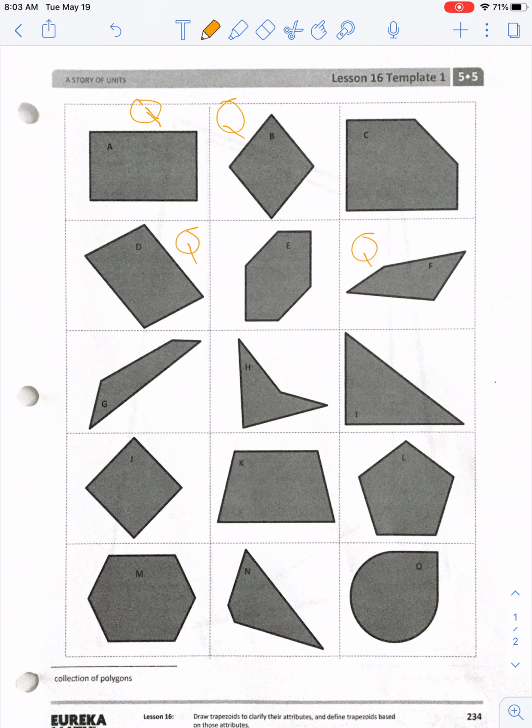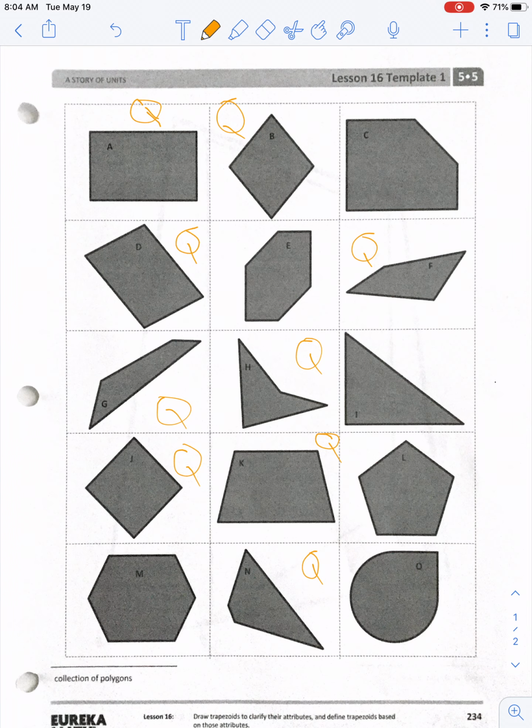G. Yep, quadrilateral. H. Yep, 4 sides. I. Nope. J. Yes. K. Yes. L. Nope, that's 5 sides. M. Nope, 6 sides. N. 4 sides. And Q. Nope.